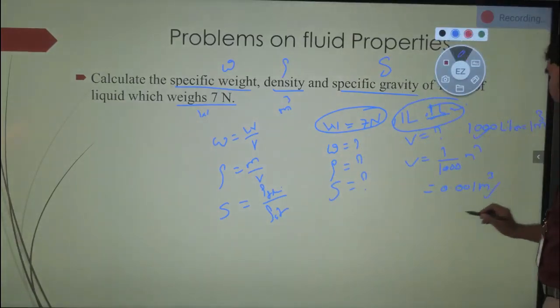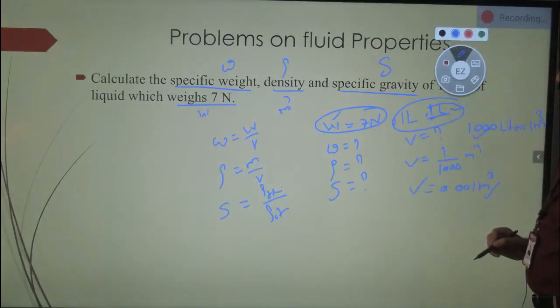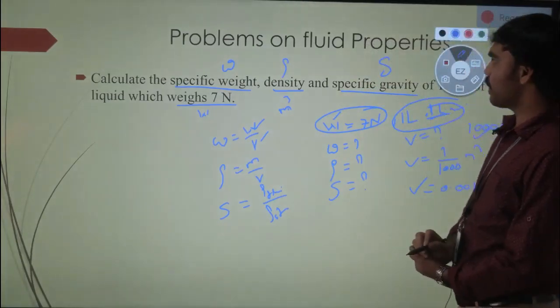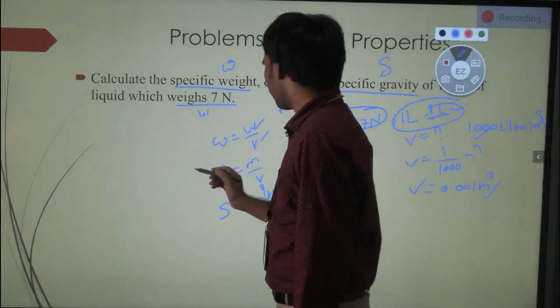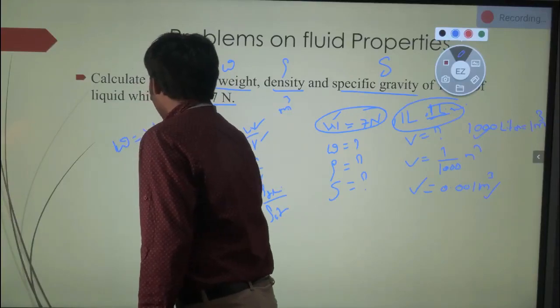Now we know the weight and volume, so we can calculate the specific weight. Specific weight omega will be weight by volume.